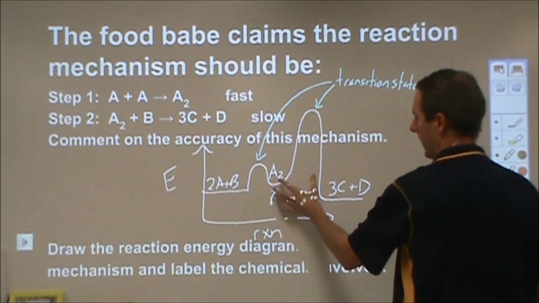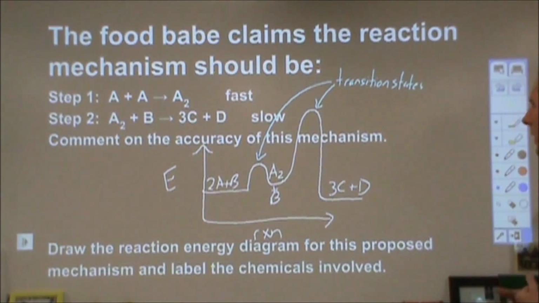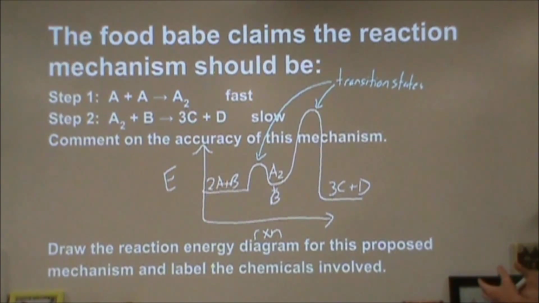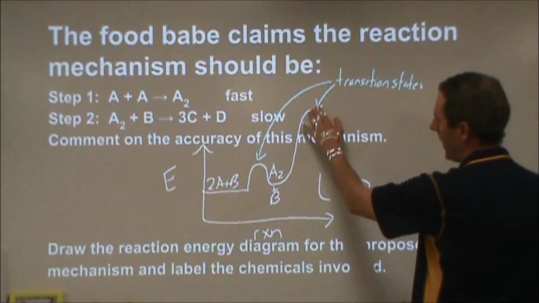So at this point, we might have a kind of a triangular pattern of two A's and a B, something of that nature, but some kind of high energy species.